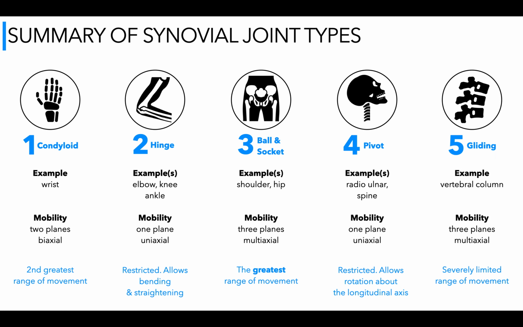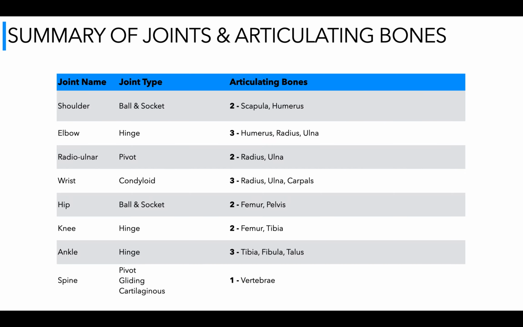And then finally, the gliding joint, which is the joint in between them bony processes, with the example being the vertebral column, and it's another multi-axial joint, but severely limited. And you'd be able to find out quite simply by doing spinal movements in comparison to movements with your shoulder.